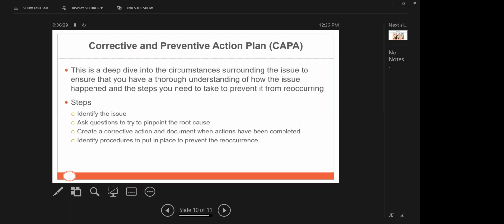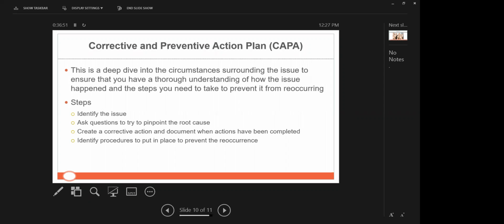Then create the corrective action. So in this situation, maybe you will redo the labs for the patient if your sponsor approves that. And then you document your actions. So you redid the labs, maybe you provided retraining, maybe you asked your FedEx person to pick up earlier in the day.